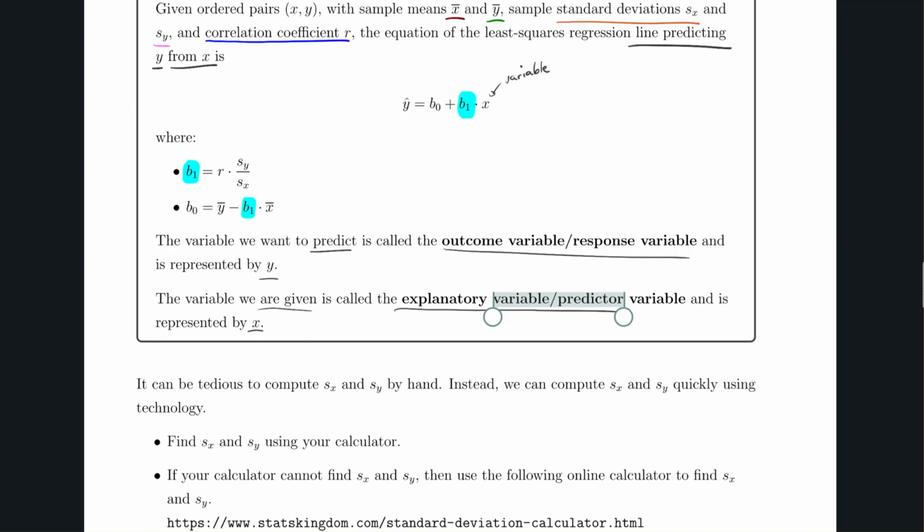Now, we mentioned earlier that part of finding the least squares regression line is doing two different standard deviation calculations. If we were to do these two different calculations by hand, it would take an immense amount of time. So instead, you've got two options. If your calculator has a lot of statistics capability built in, you could use your calculator to find the standard deviation.